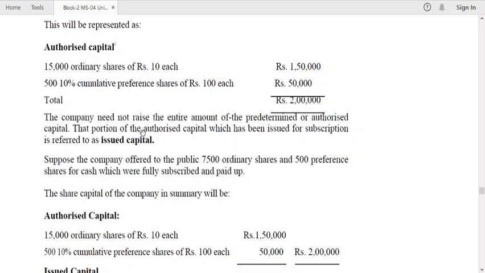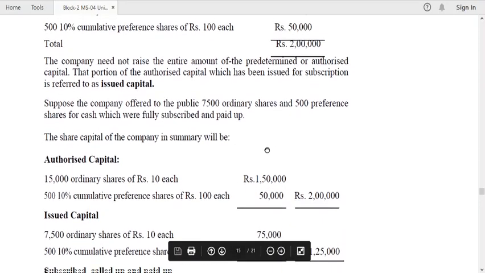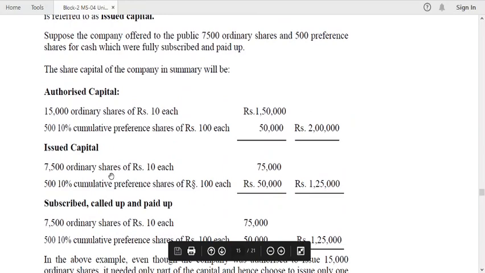The portion of authorized capital which has been issued for subscription is called issued capital. For example, the company decides to sell only 7,500 ordinary shares, not the total 15,000, only half of the shares. Then it can raise only 75,000 rupees of capital, and it decides to sell all the preference shares, then it can raise 50,000.